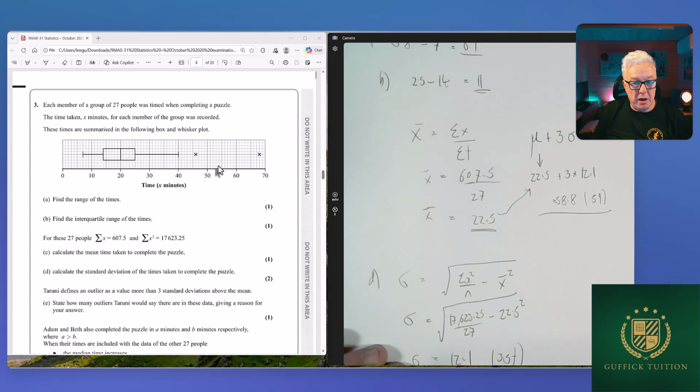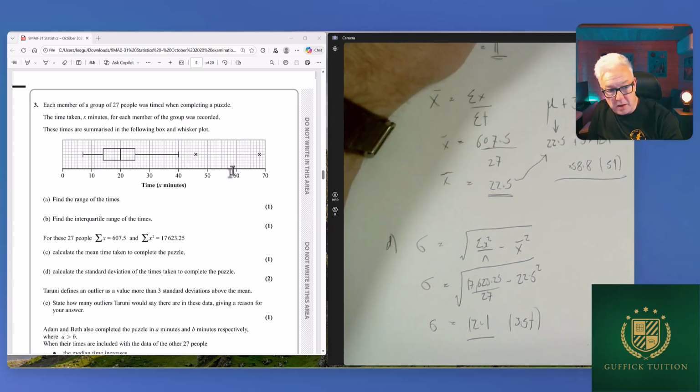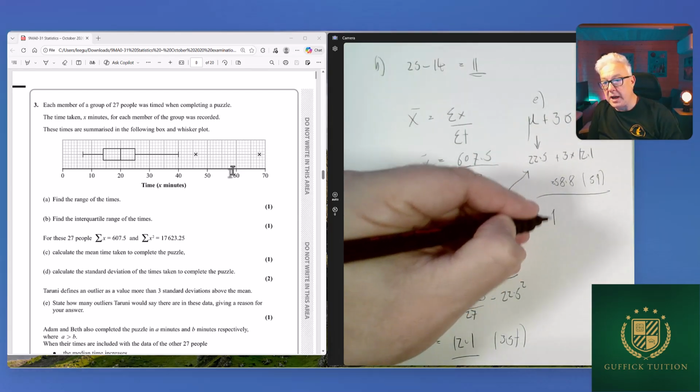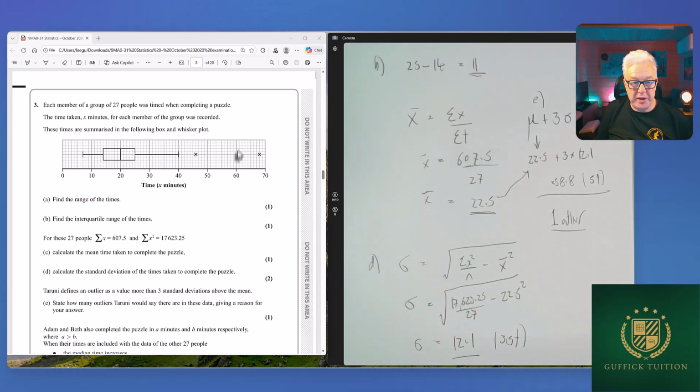Our outlier threshold is 58.8. In other words, here what I'm indicating with the cursor on the screen, anything above that is going to be an outlier. So you can see we've only got this one outlier according to the threshold that v has come up with. So for part E, there is only one outlier, just that one at the end.